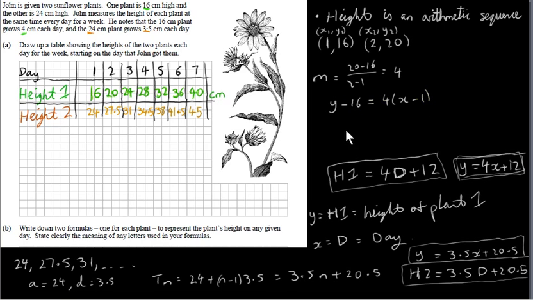So then this would lead us to y equals 4 times x minus 4, add on 16, minus 4 plus 16 is plus 12. So we can get this equation here. So this is another way that we could do it, using coordinate geometry of the line. Of course, this is only true if the plant's height varies linearly with time. That means that for equal increments of time, the height increases by a fixed amount, 4 centimeters in this case.